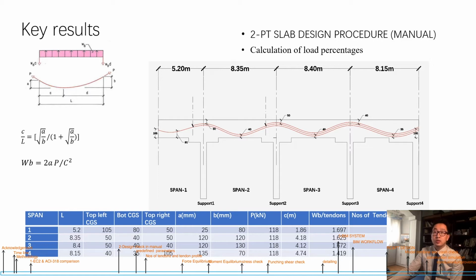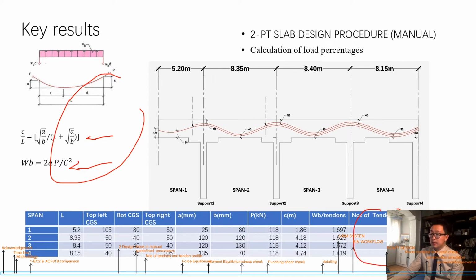From the figure shown at the top left, based on the tendon profile and the jacking force, using these two formulas, we can find the upward uniform distributed load generated by the pre-stressing strand.